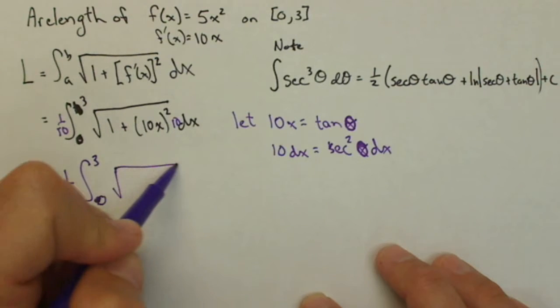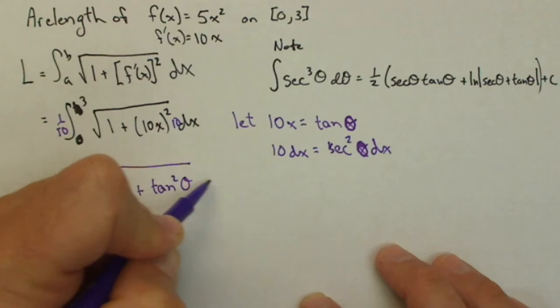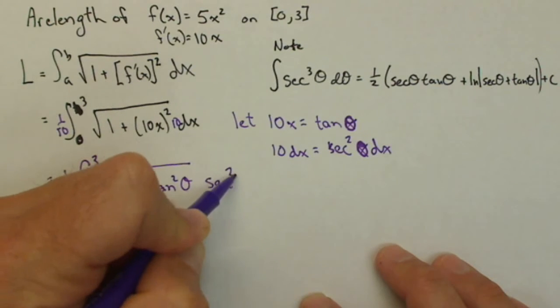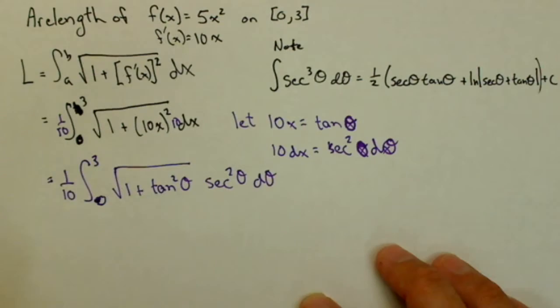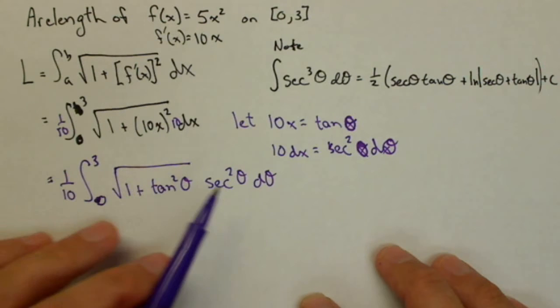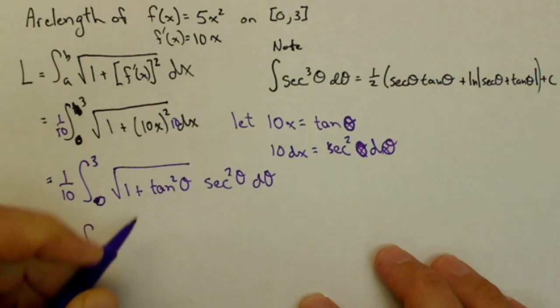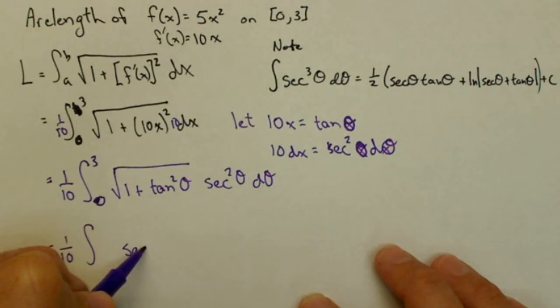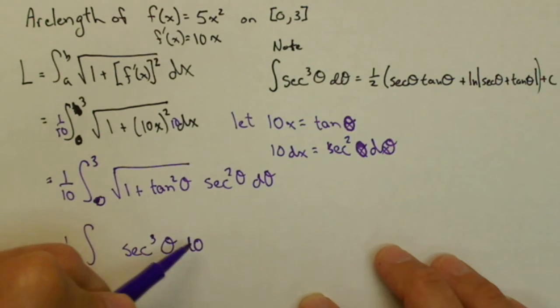And I've got square root of 1 plus tangent squared theta, secant squared theta, d theta. 1 plus tangent squared is secant squared. Square root of that is secant. That's where the secant cubed is going to come from. So we have 1/10 secant cubed theta d theta.